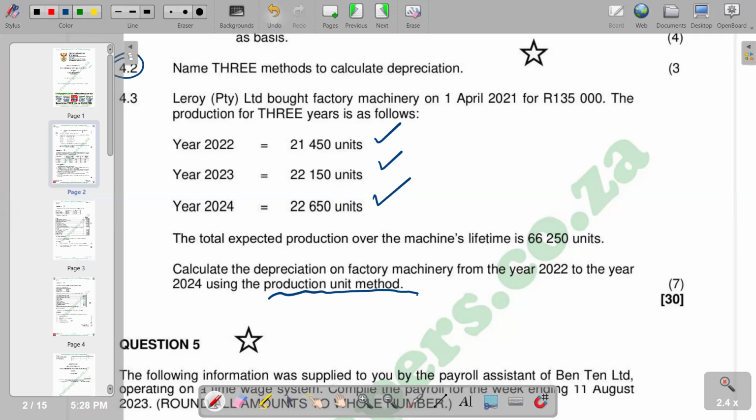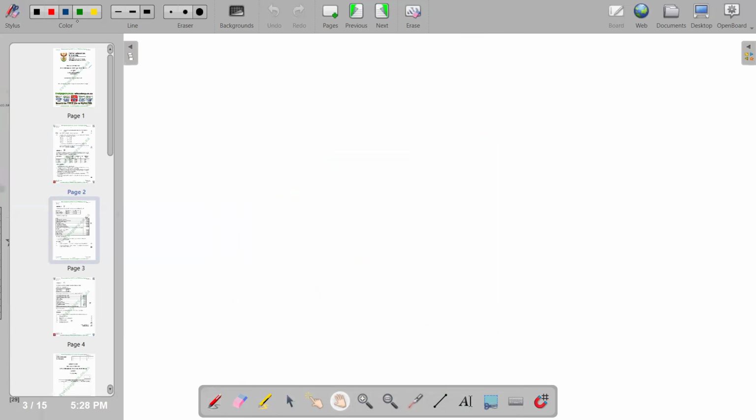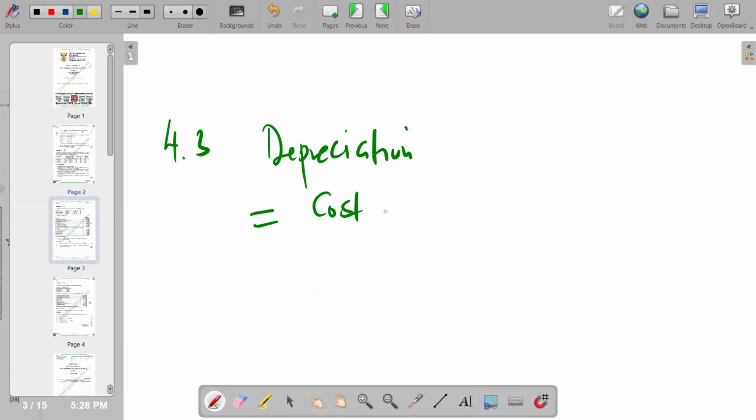So first of all, we're going to put down the formula for calculating depreciation using the production unit method, whereby depreciation is equal to the cost price of the asset. The cost price of the asset is our numerator.